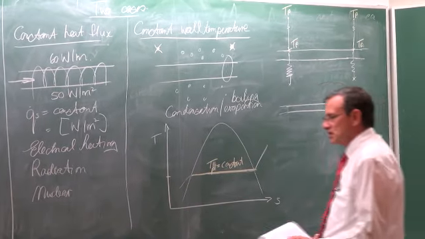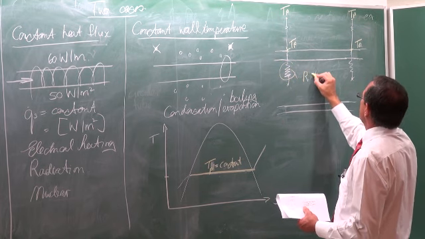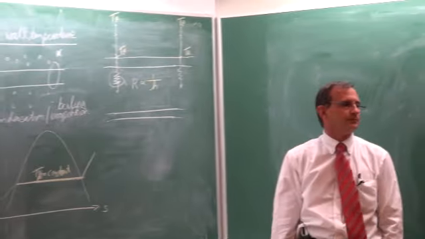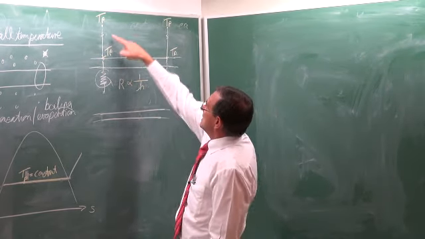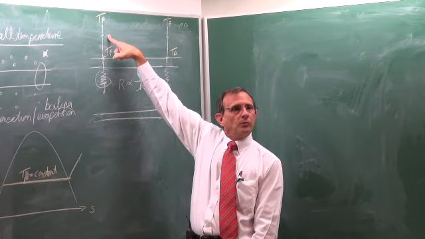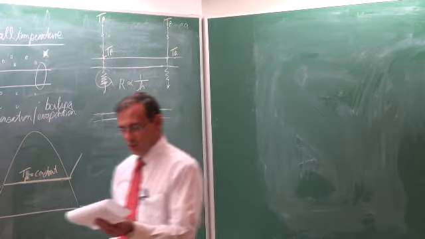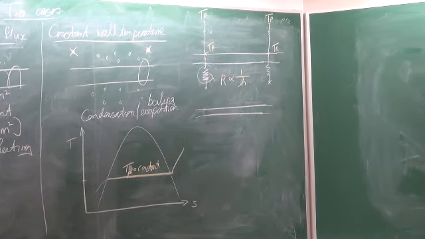Remember that resistance is directly proportional to 1 divided by the heat transfer coefficient. So if the heat transfer coefficient is very, very high, then the resistance is very, very small. And the result of that is that that temperature and that temperature, for all practical purposes, are the same.